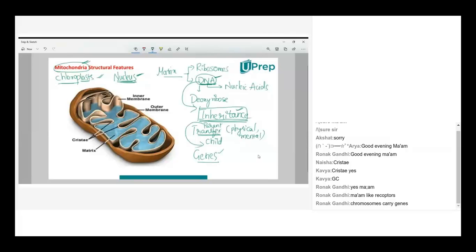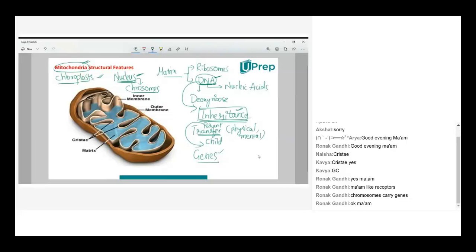Chromosomes also carry genes. We talk about chromosomes when we go to the nucleus. Here we will not talk about chromosomes, as chromosomes are related to the nucleus. Here we are just talking about DNA and genes. First understand this concept, then it can be related to chromosomes. Fine with that?